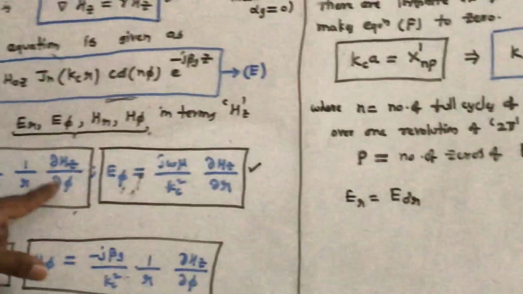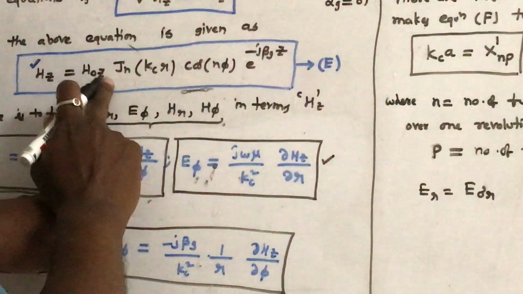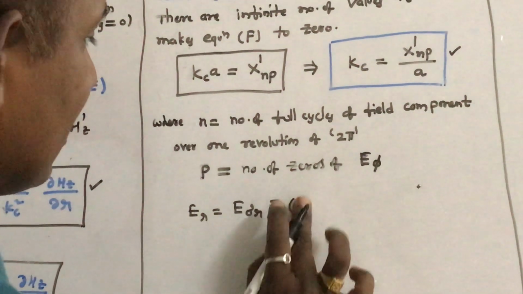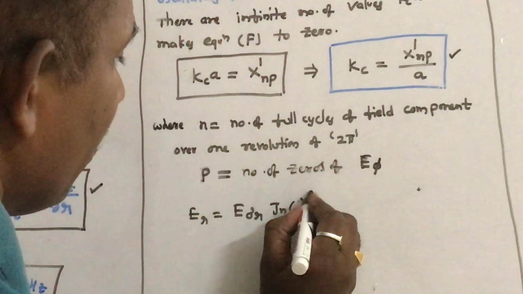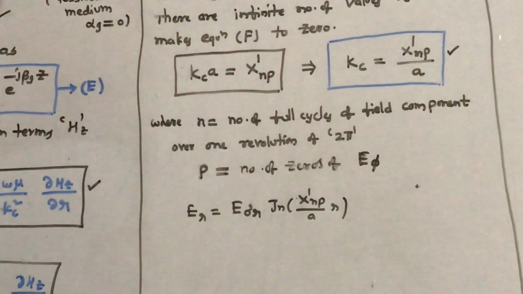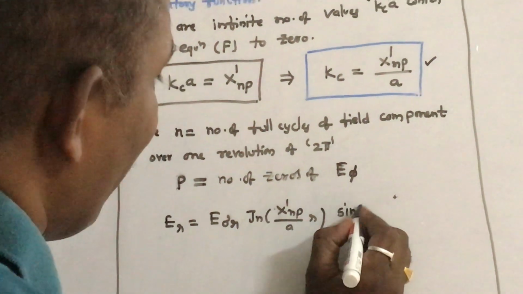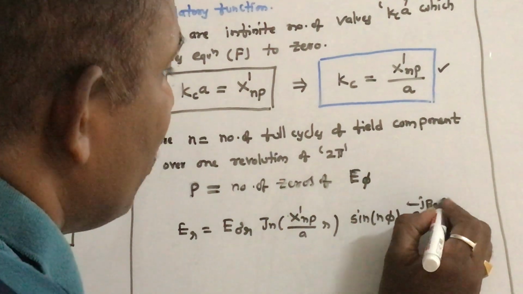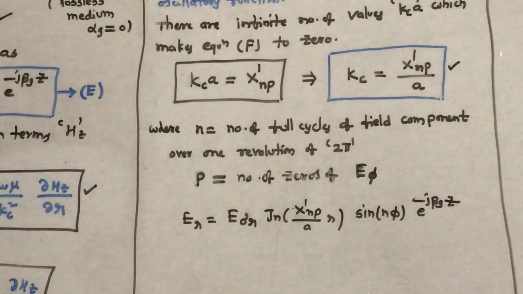Because ER is with respect to ∂Hz/∂φ, Jn of Kc into R will remain as it is. So Jn of x dash np by A into R, and cos nφ on differentiation becomes sin nφ, into e power minus jβg into z. So this is what you have to write for ER.